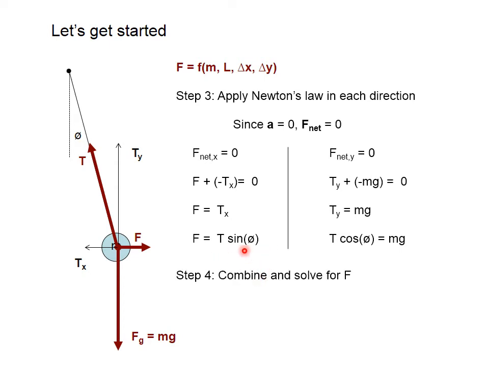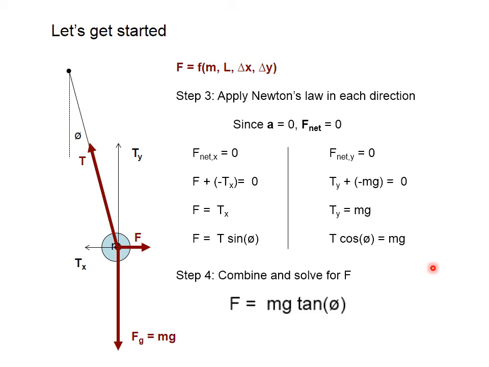And if you remember, sine over cosine is the same as tangent. So the horizontal force equals mg tan phi. So there's our relationship.